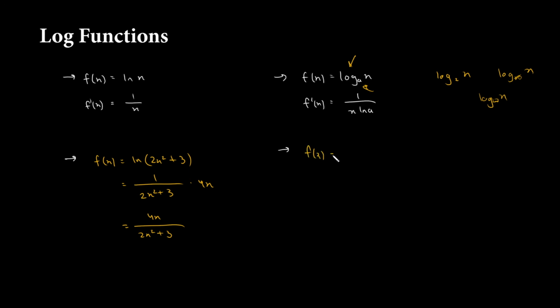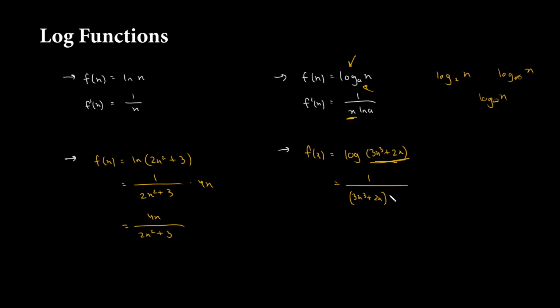Let's do an example. Okay, so say we have log of 3x cubed plus 2x, right? And so what we would do is we would derive it in this way: 1 over 3x cubed plus 2x, right? This is the x, this is the x.